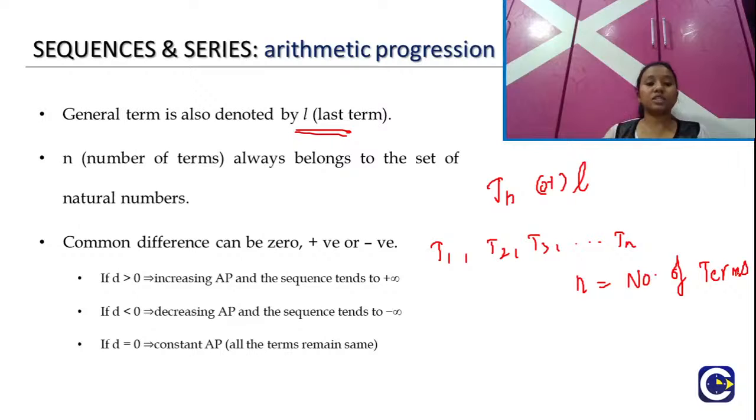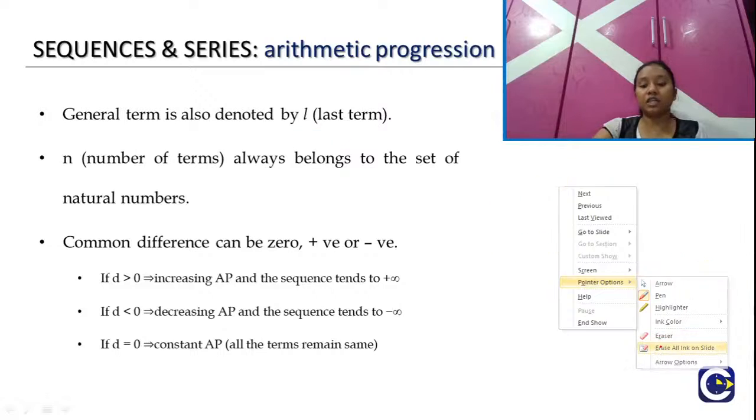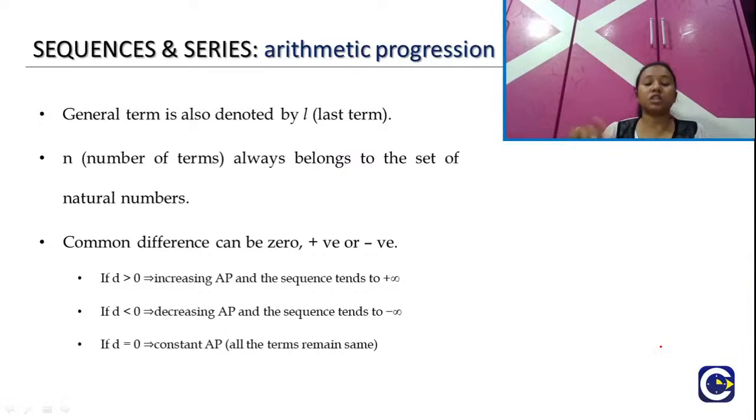Right. So in arithmetic progression, we will have three types. One is increasing arithmetic progression. The second one is decreasing arithmetic progression. And the third one is constant arithmetic progression. All these three depend upon the common difference D. Right.